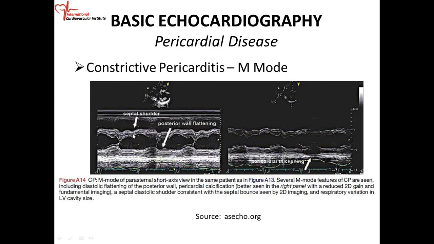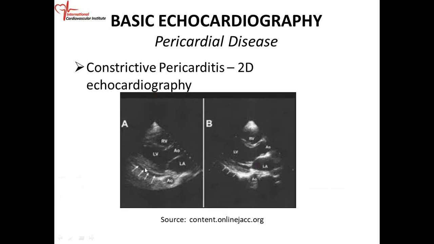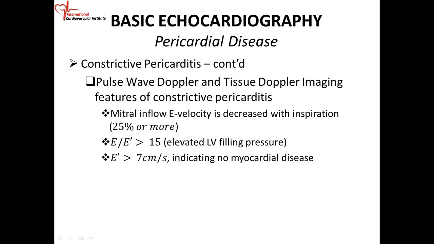So with inspiration, it's going to move to the left, and then with expiration, it's going to move to the right. Okay, so we can see that. A lot of these patients are going to have some amount of pericardial effusion. They'll have a small amount of pericardial effusion. You can see that.